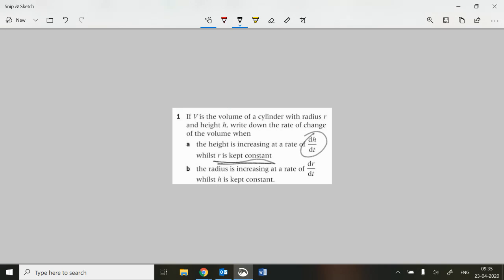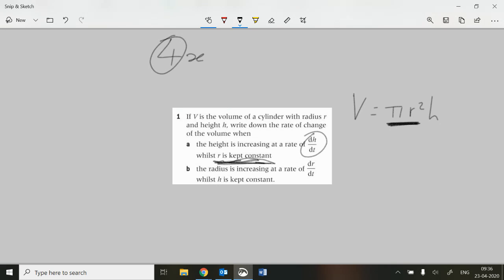Well, this is obviously talking about the volume of a cylinder. So the volume of a cylinder is pi r squared h. Now, if r is kept constant, then this whole thing here, pi times r squared, is just a constant in front of something. So say, for example, if you had 4x, then 4 is your constant.